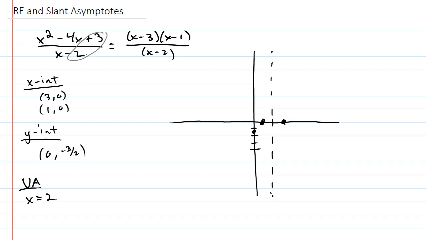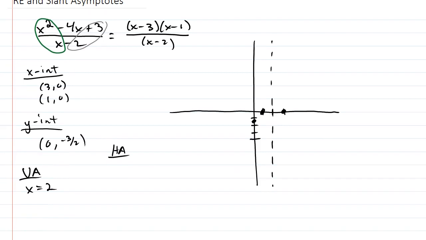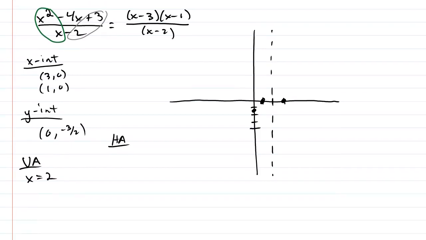Okay, so here's the new part. You'll notice that for the horizontal asymptote, the power is larger on top when we think about the end behavior function. So what we have to do then is actually long divide. Now in this case, you could synthetically divide because what you're dividing by is linear, but I prefer to do this because it's pretty quick.